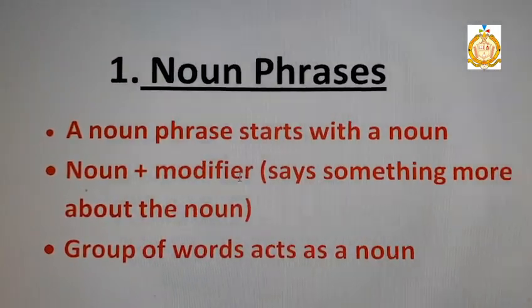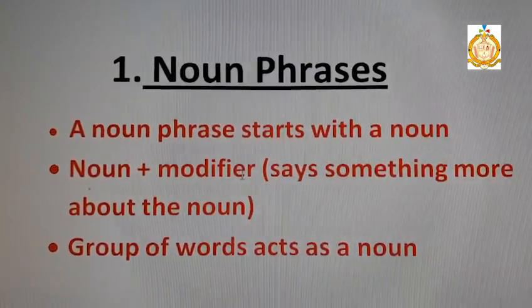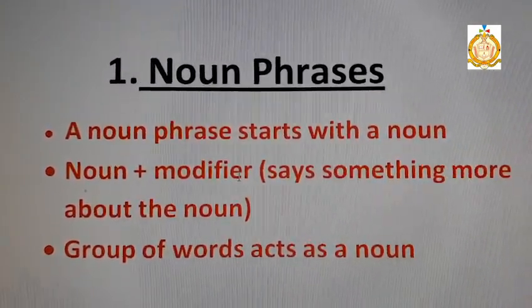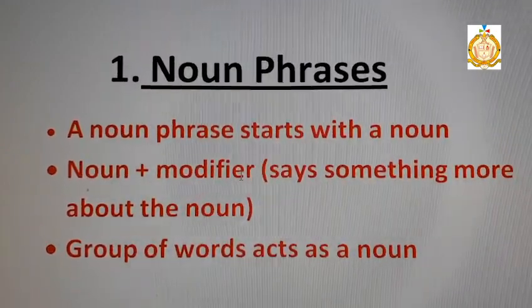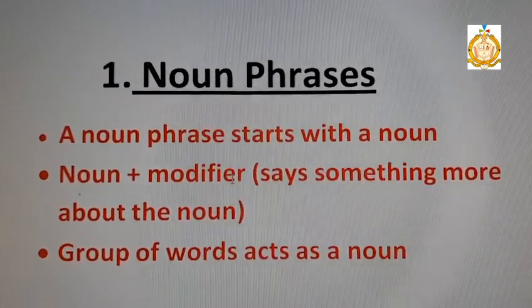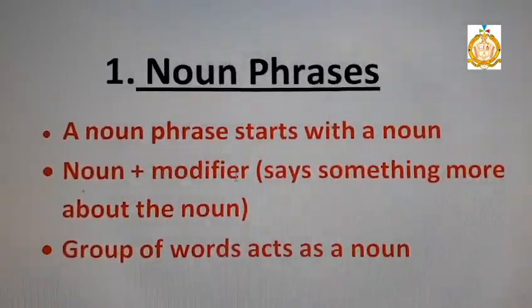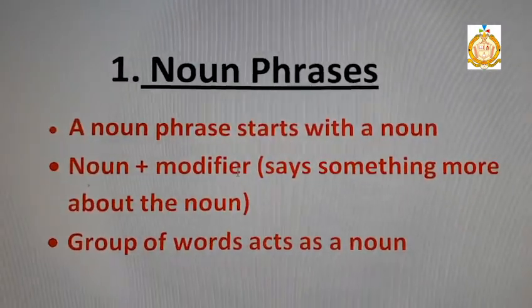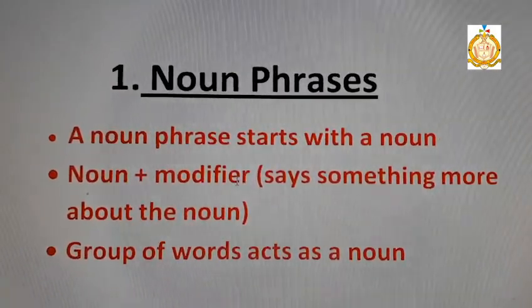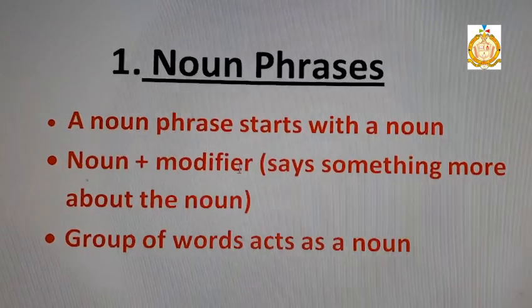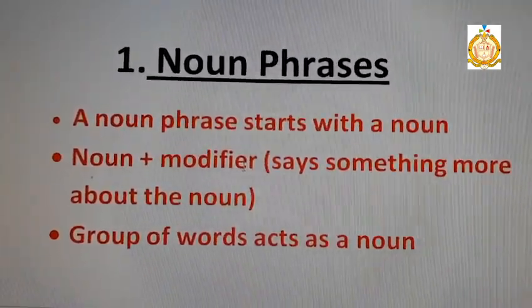A noun phrase always starts with a noun. And the second point to remember, along with the noun there will be a modifier, which means we may say something more about a noun. And the third thing to remember, a noun phrase always acts as a group of words.